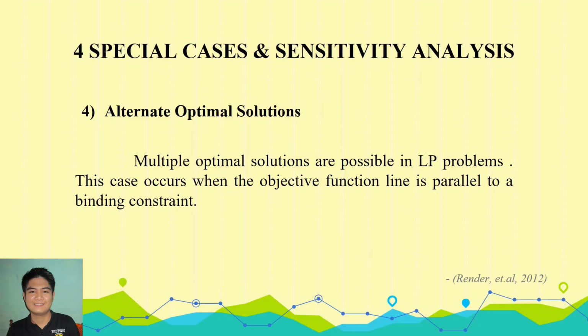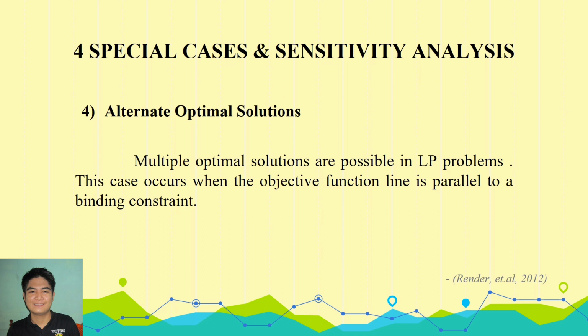The last special case is the alternate optimal solutions. This case occurs when the objective function line is parallel to a binding constraint. Graphically, it happens when the isoprofit line runs parallel to a constraint in the problem which lies in the direction in which the isoprofit line is located.